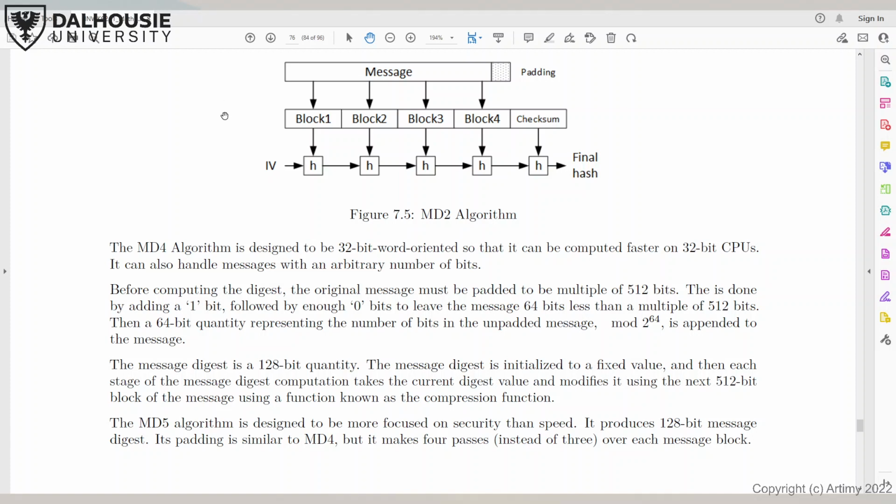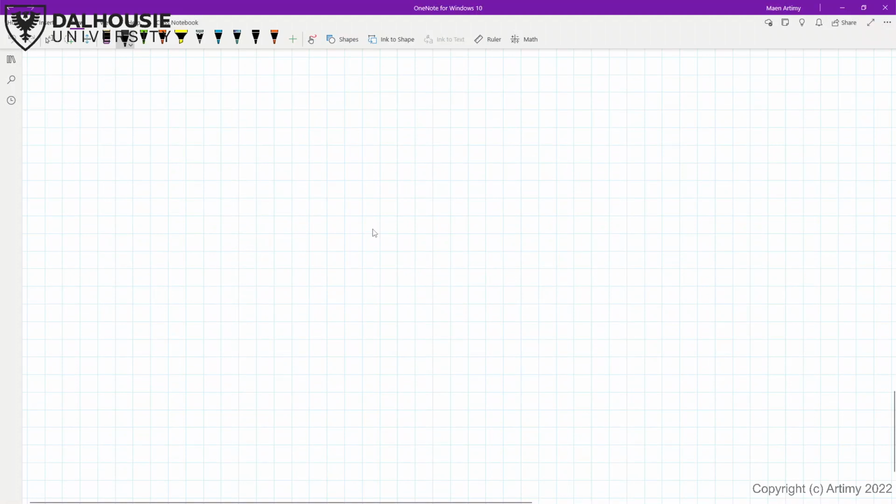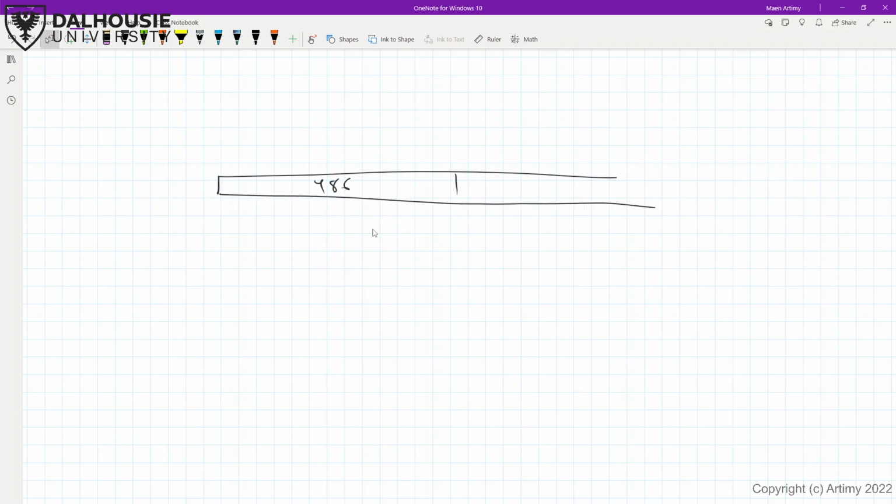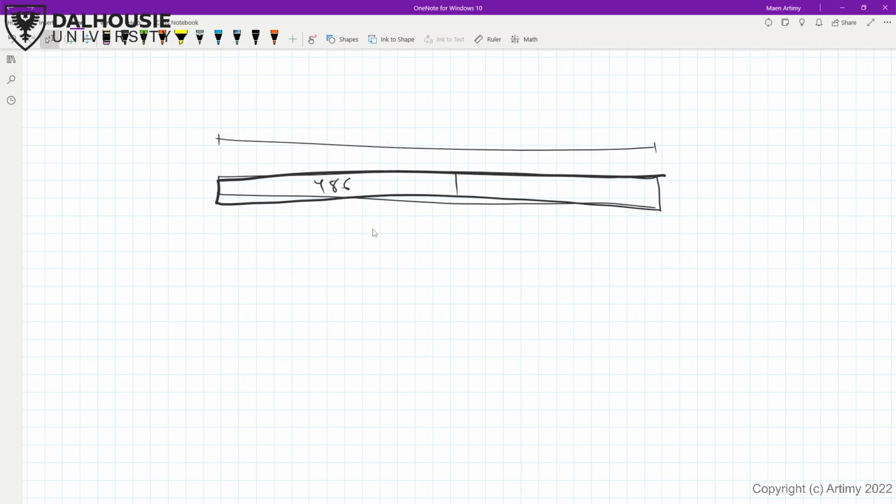Okay, so to do that, let's say we start with something less than 512, let's say 486 as an example. That's the original message, and we want to make sure that it's a multiple of 512.